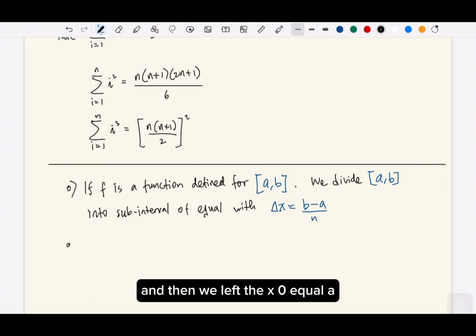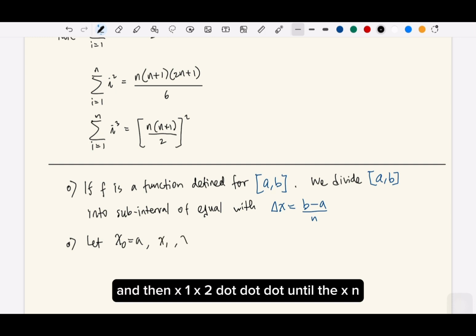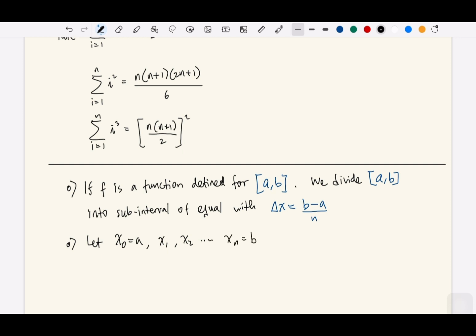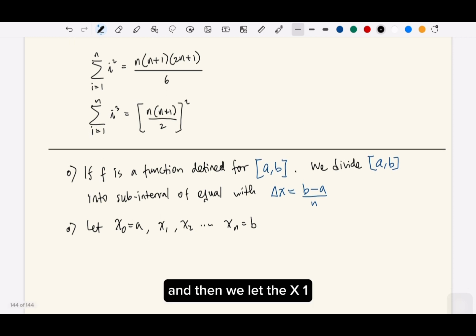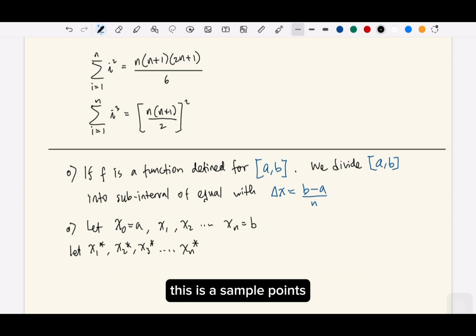And then we let x0 equal a, and then x1, x2, until xn, the last one will be b. Okay, and then we let x1*, x2*, x3* until xn* with this star or asterisk. This is a sample point.